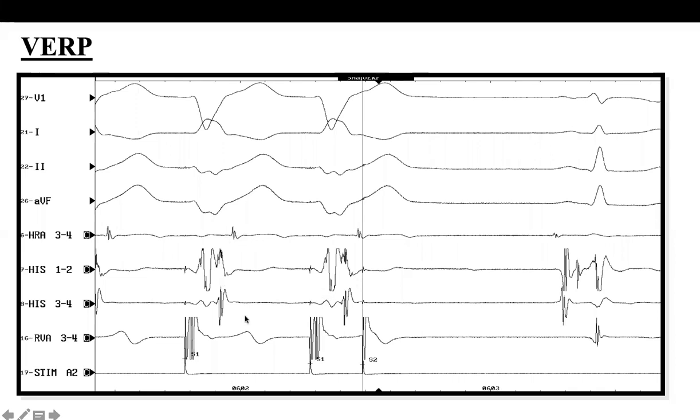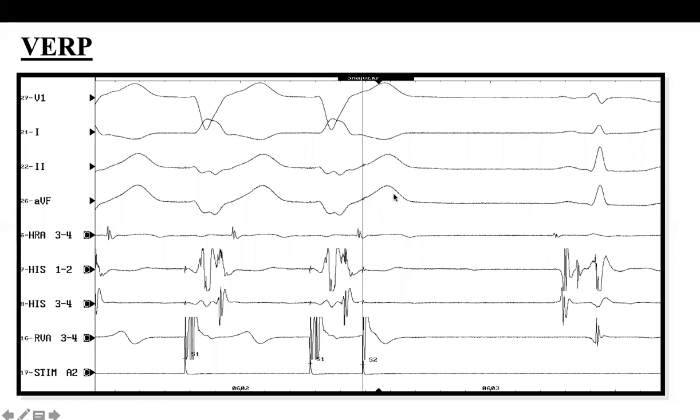But still, here when we go down in the S2, you are going to miss the conduction through the tissue of the ventricle. So you are not even going to stimulate the tissue of the ventricle. Here we are pacing the ventricle, capturing, pacing the ventricle, capturing, pacing the ventricle, no capture.